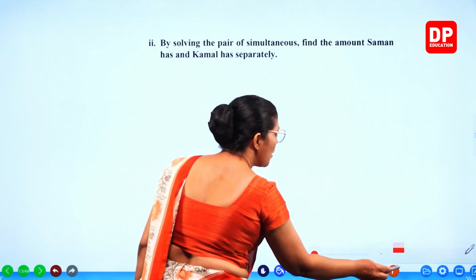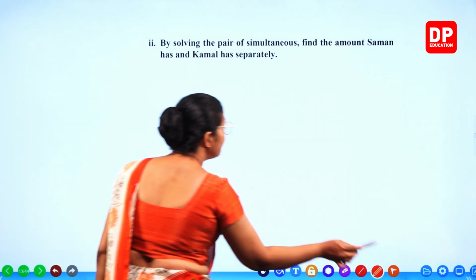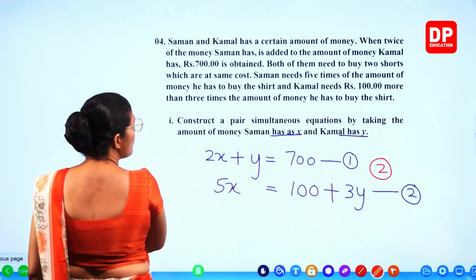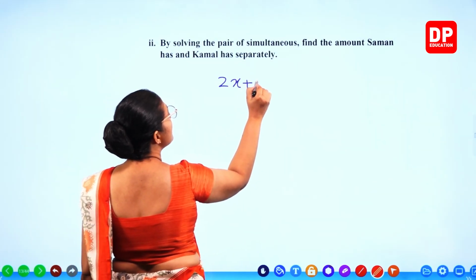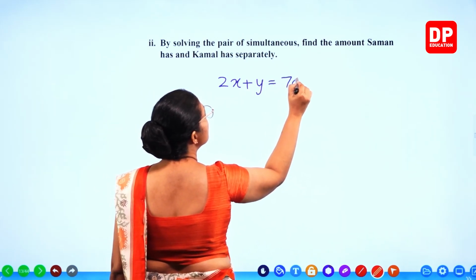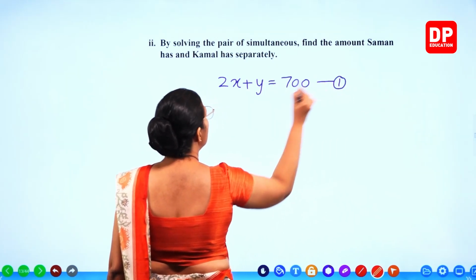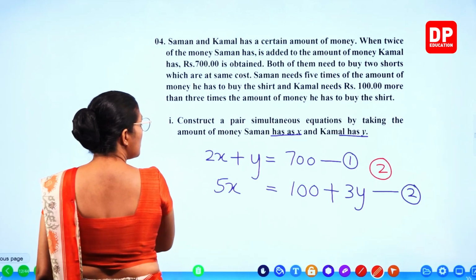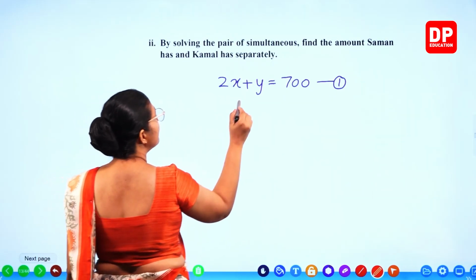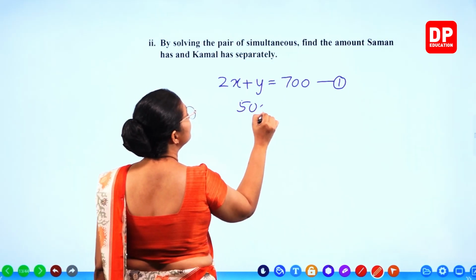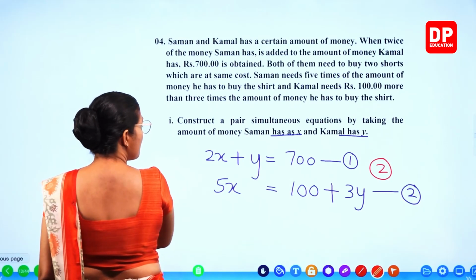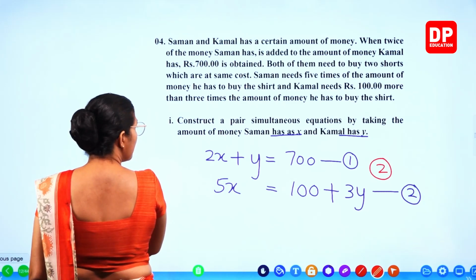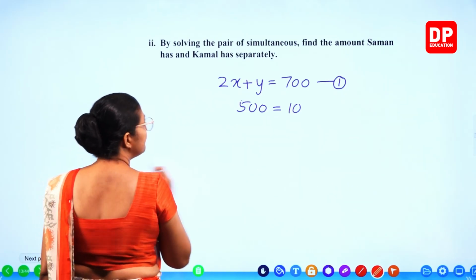So what are the 2 equations? 2x plus y equals 700 and 5x equals 100 plus 3y.